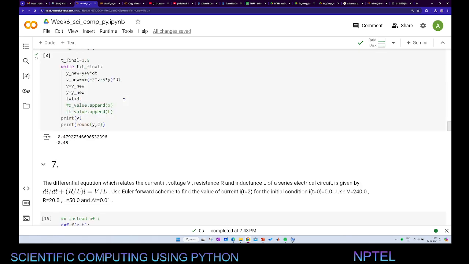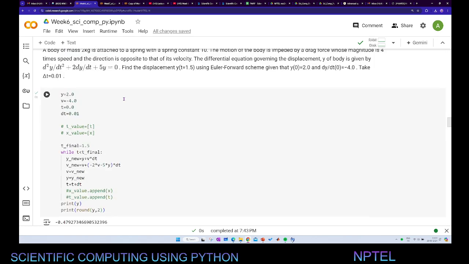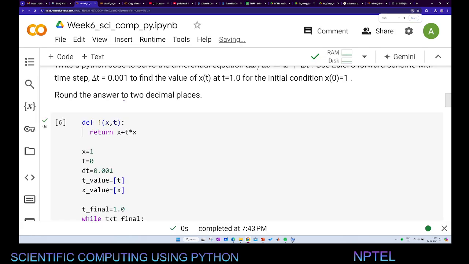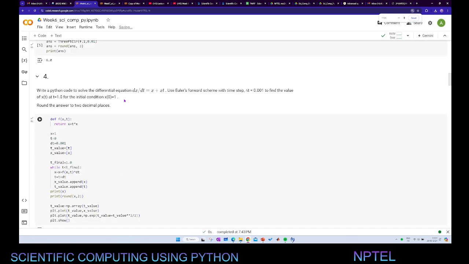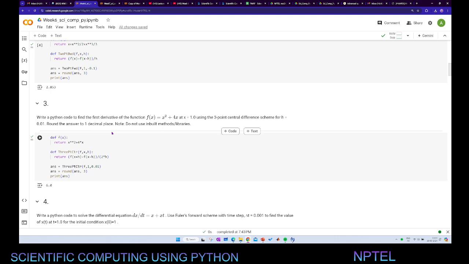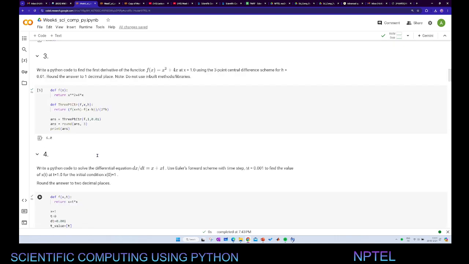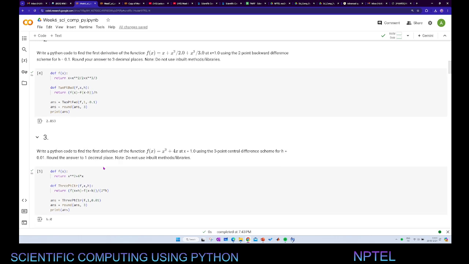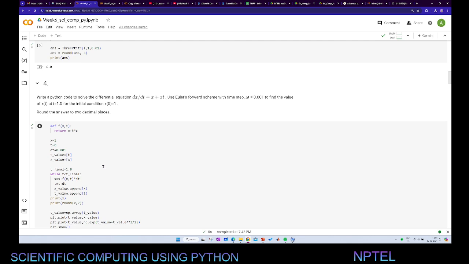I think we already had the function for Euler backward set. Yeah, two point backward f x and h. Oh no, that was just for the derivative.